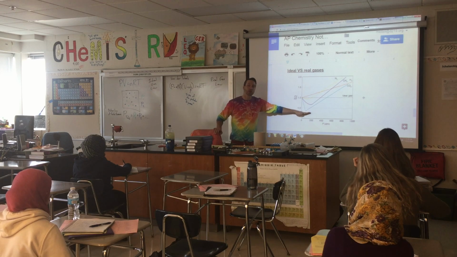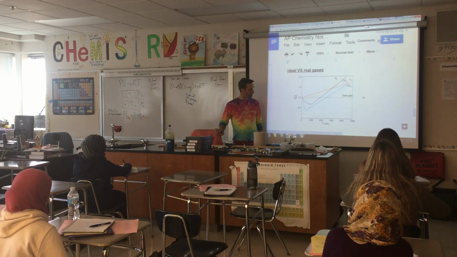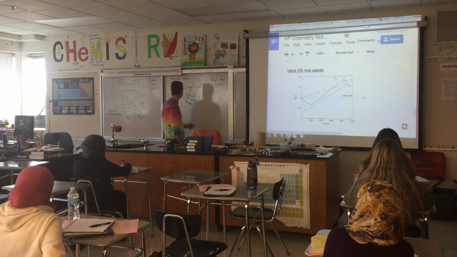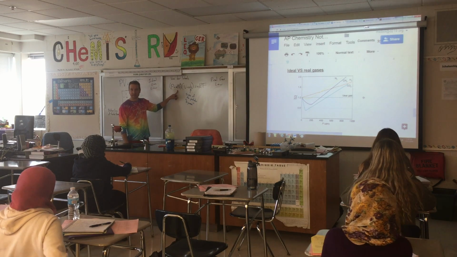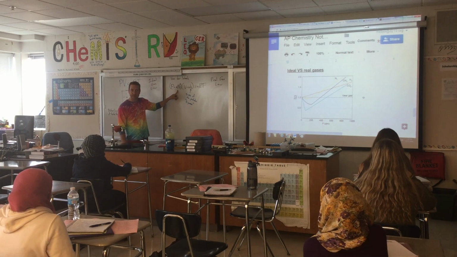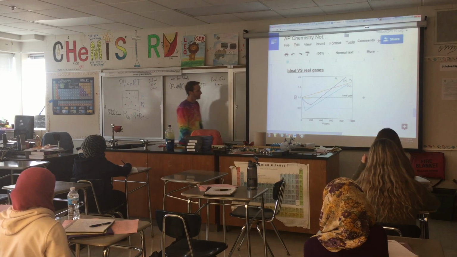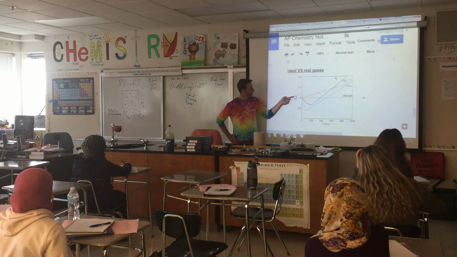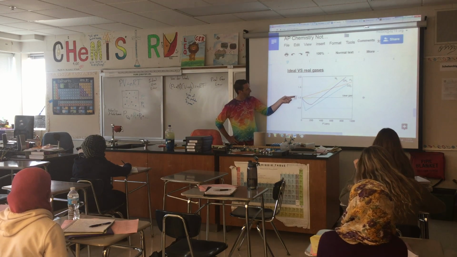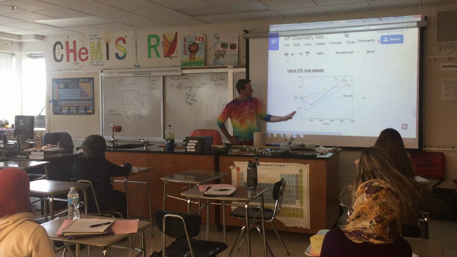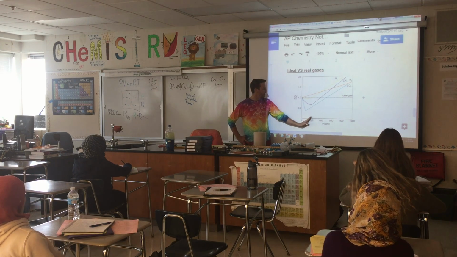The places where we're lower than expected must be due to attractions. Anytime you're getting less pressure than you would expect, well, the pressure's on the top here, right? PV over RT, okay?